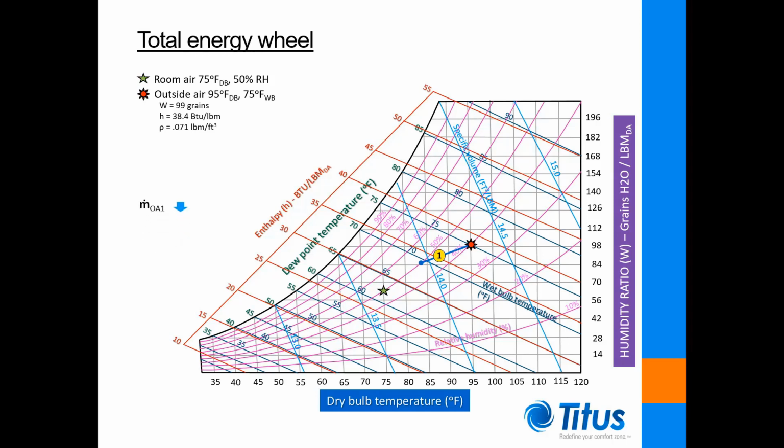The mass of outside air passing through the wheel is slightly reduced due to the moisture removal. The dry and wet bulb temperatures, humidity ratio, and enthalpy of the outside air are also reduced, while the density of the outdoor airstream is increased. For the remainder of this presentation, we will assume that our energy wheel is a total energy type.